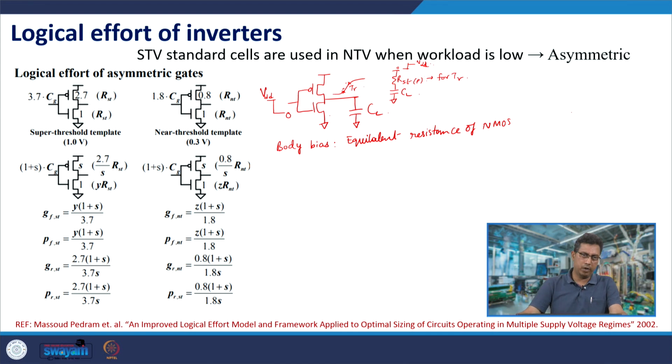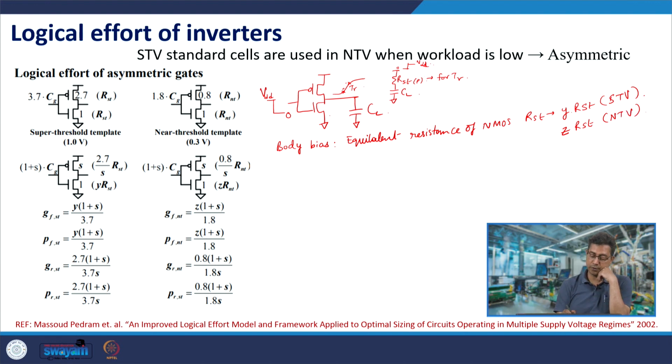So, that is easy from a layout point of view. Otherwise, for P MOSFETs you will have to bias each of the wells separately. So, when you apply body bias, this goes from RST to Y times RST for nominal voltage operation and Z times RST for near threshold voltage operation.